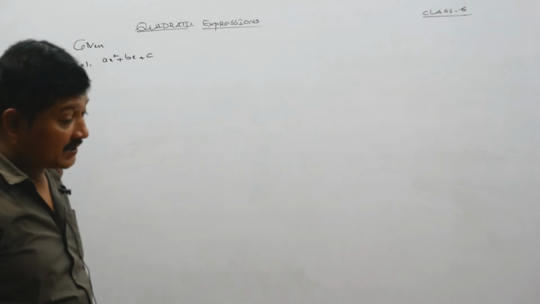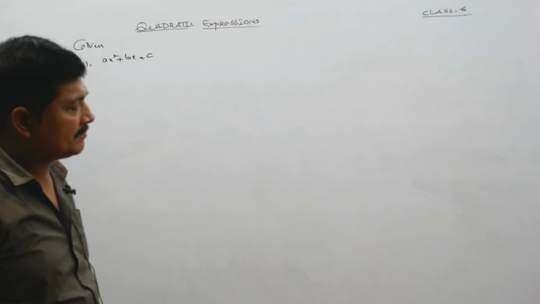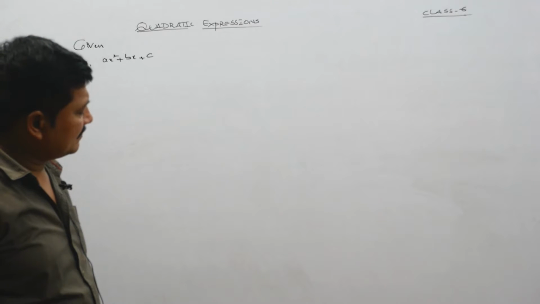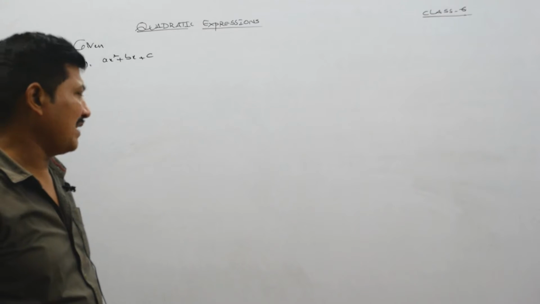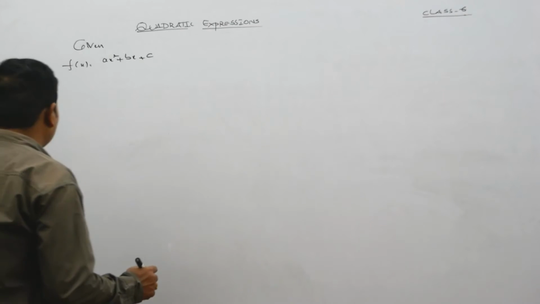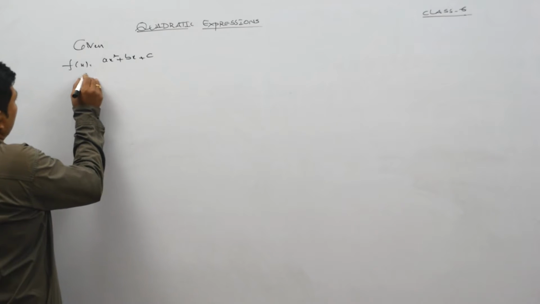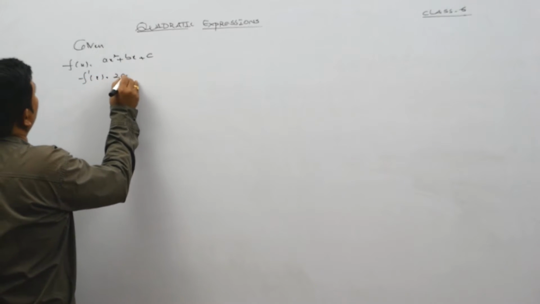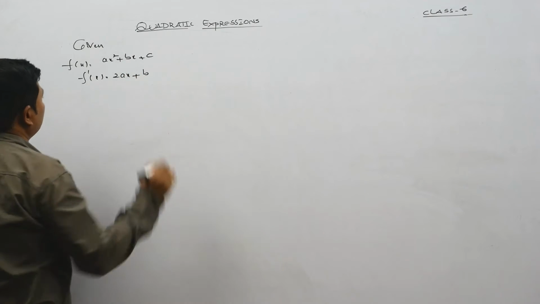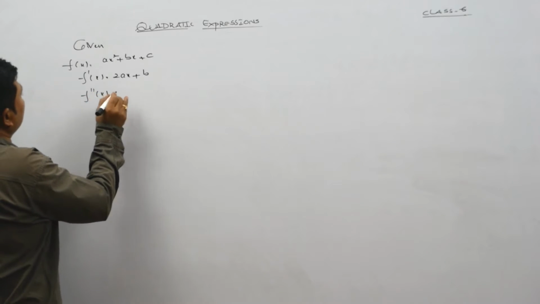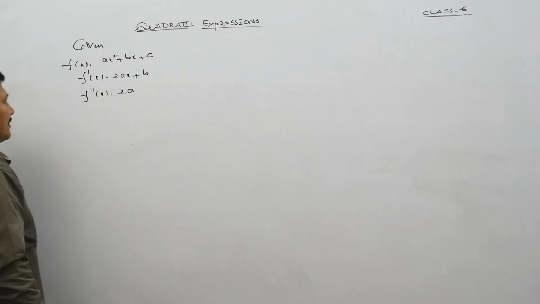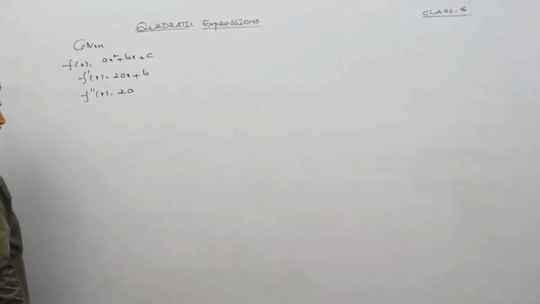If it is positive, you can have a minimum at that particular value, and if it is negative, the function will have a maximum. Let's find f dash of x. F dash of x is equal to 2ax plus b. Again find f double dash of x. F double dash of x is equal to 2a, since the derivative of x is 1 and the derivative of b is 0, being a constant.